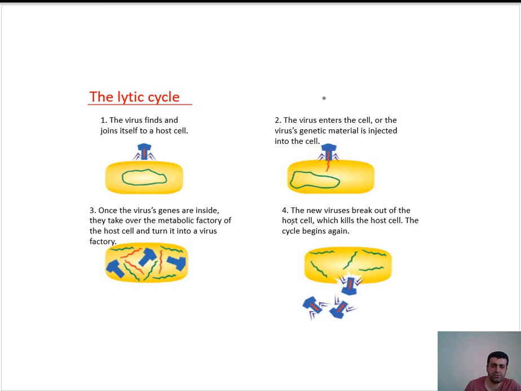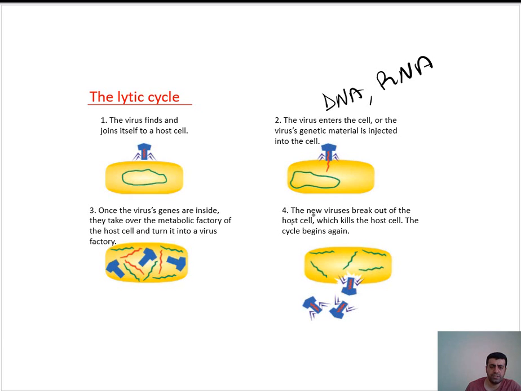That means the genetic material of the virus, DNA or RNA. They send their DNA or RNA. When the virus genes are inside, they take over. They take control of the cell. They take over the metabolic factory of the host and turn it into a virus factory.